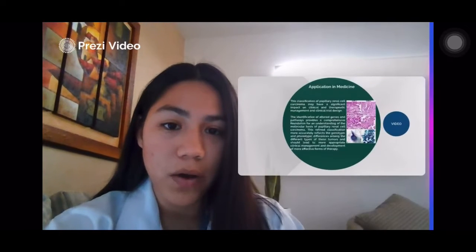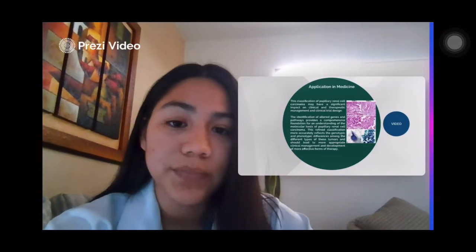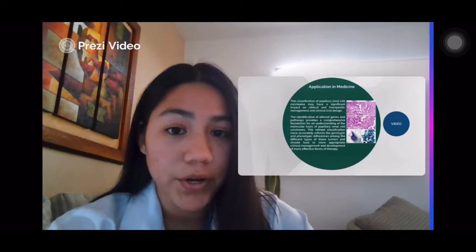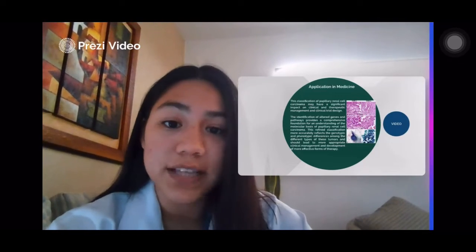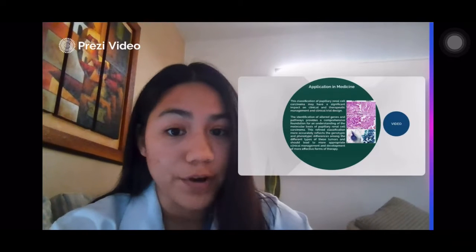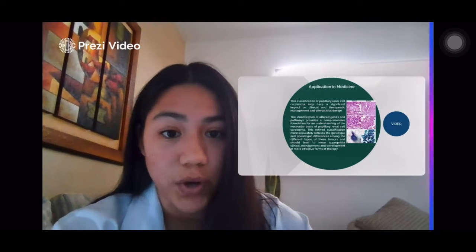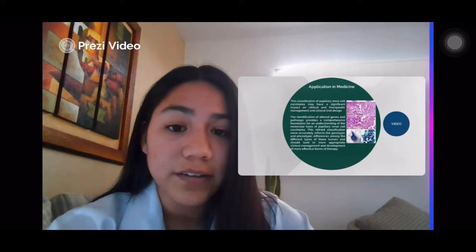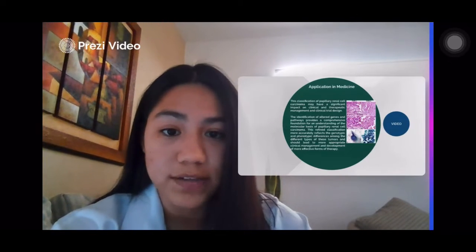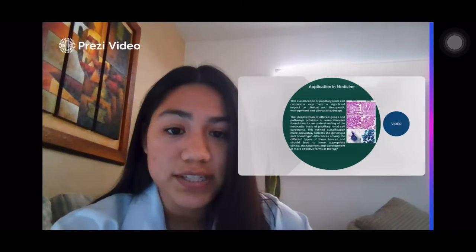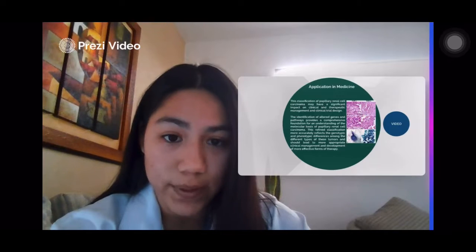Now let's talk about application in medicine. This classification of papillary renal cell carcinoma in type 1 and type 2 may have a significant impact on clinical and therapeutic management and clinical trial design. The identification of altered genes and pathways provides a comprehensive foundation for an understanding of the molecular basis of papillary renal cell carcinoma.